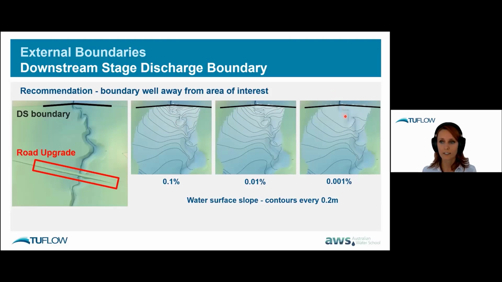On the other hand, for the flat slope, there are almost no water level contours at the location of the boundary, which suggests the boundary might be holding up the water level a bit too high. So the mid-range slope, 0.01%, seems to be just right.